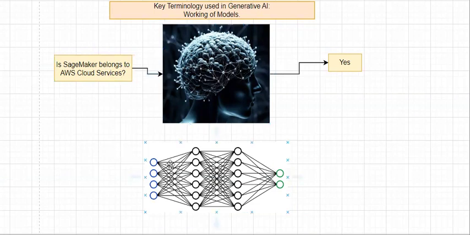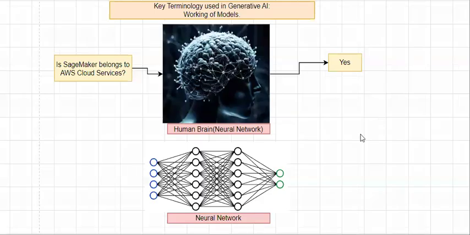In a similar way, for ML models or GenAI models, we use neural networks. You can see what this neural network architecture looks like. This is the neural network that we use in place of the human brain in GenAI models, ML models, or any models in order to take the input, process the input and provide the response.